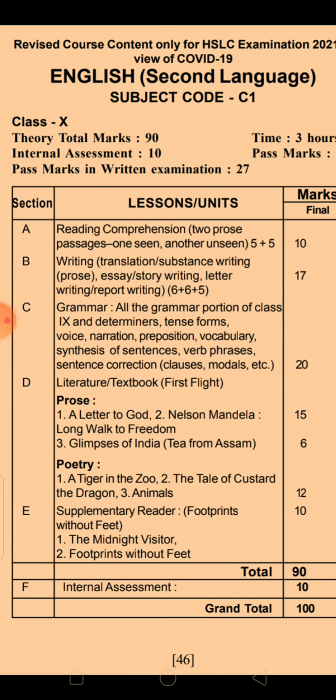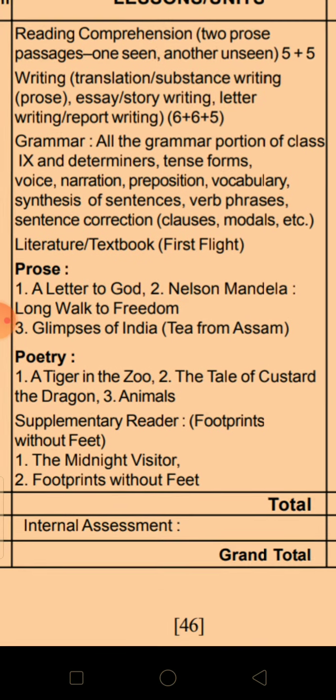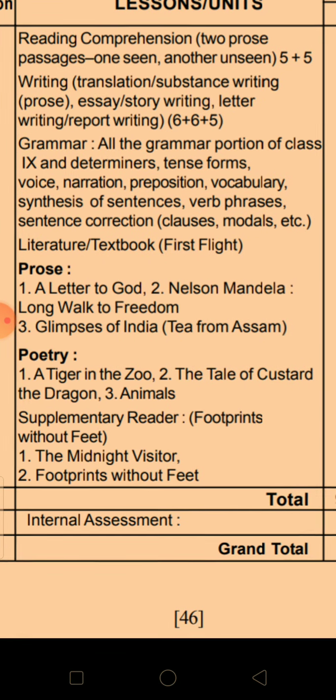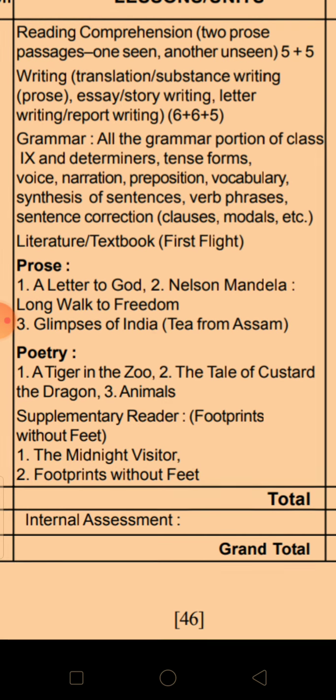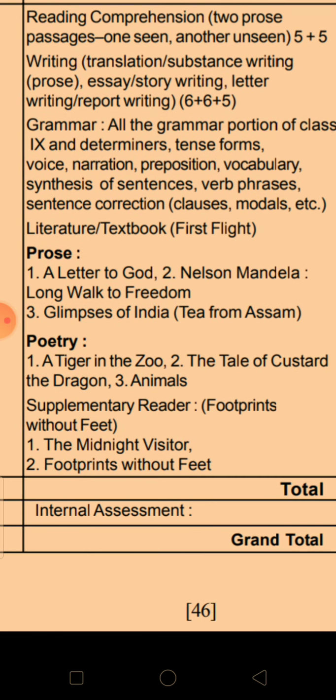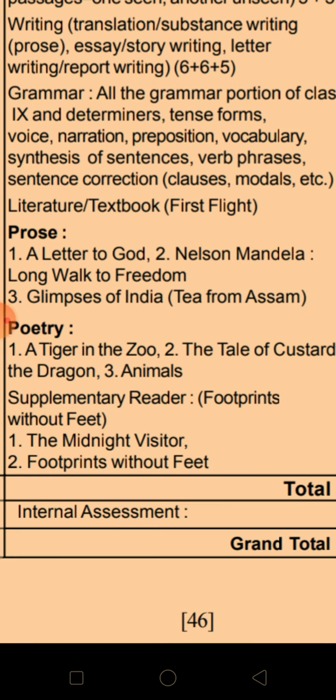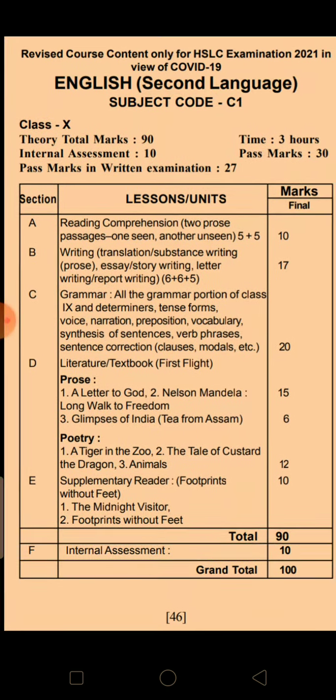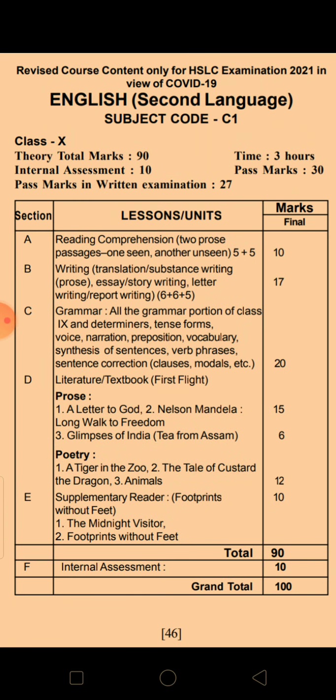Then you have your poetry section, which is A Tiger in the Zoo, The Tale of Custard the Dragon, and Animals. You need to learn these poems in the sense of whatever questions and answers are there.